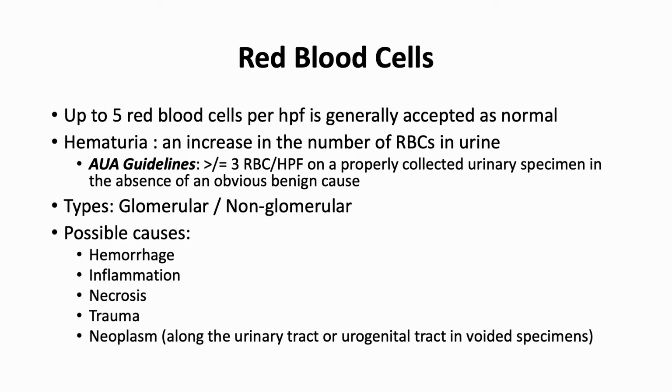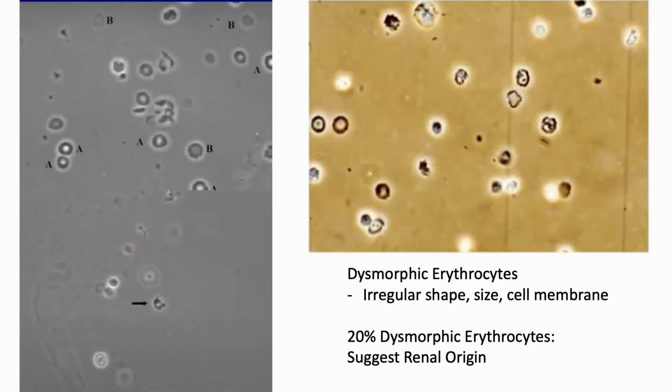So the possible causes of hematuria can arise from hemorrhage along the urinary tract, inflammation, necrosis, trauma, and even neoplasms along the urinary or urogenital tract in voided specimens. So recognition of the dysmorphic erythrocytes is of clinical significance.